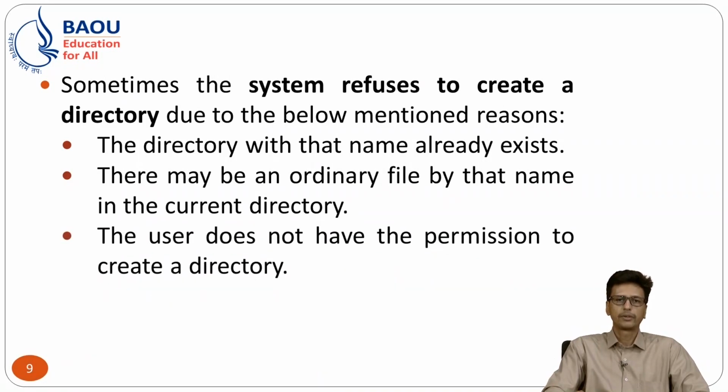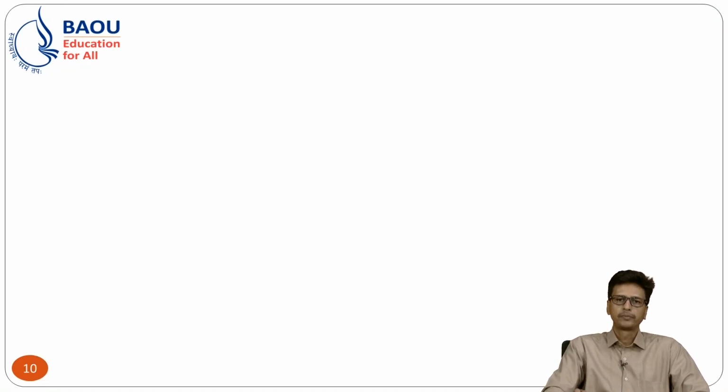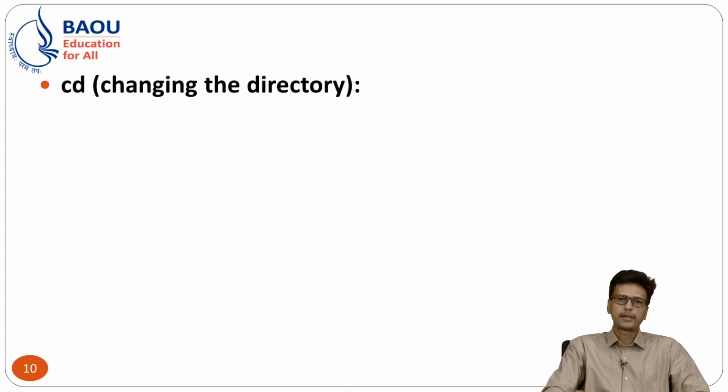And the third scenario, if you do not have sufficient permissions, as we have already discussed, each and every user has some specific permissions to create or modify a file or directory. If you do not have the permission or access rights, you cannot create that directory. So these are the 3 scenarios in which you cannot create a directory, right? So this is all about mkdir.